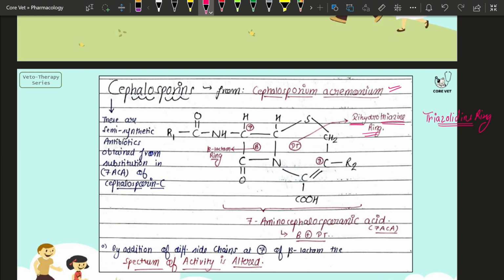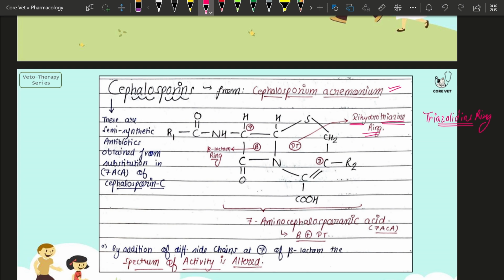And the semi-synthetic derivatives, which we will discuss in the classification of the cephalosporin, have been derived by making substitutions in the 7-amino-cephalosporanic acid, the 7-ACA.